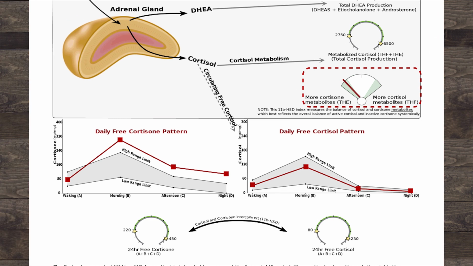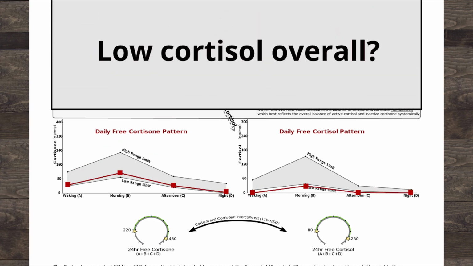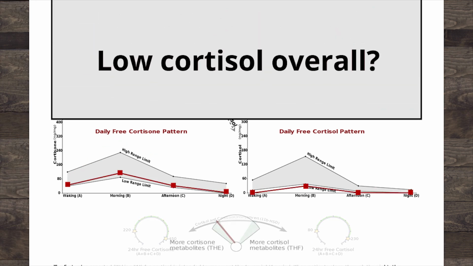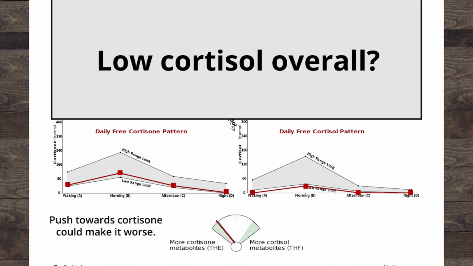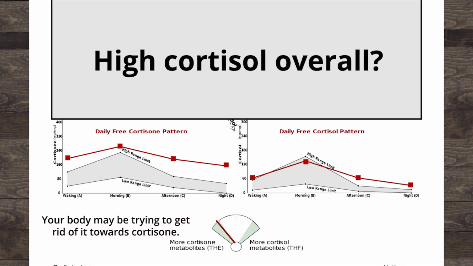Now, if that happens and the overall levels are low, then it's probably going to add to the picture of low cortisol, fatigue, etc. If it happens when the overall cortisol levels are high, then it's more of a compensatory mechanism likely of getting rid of some of that high cortisol.